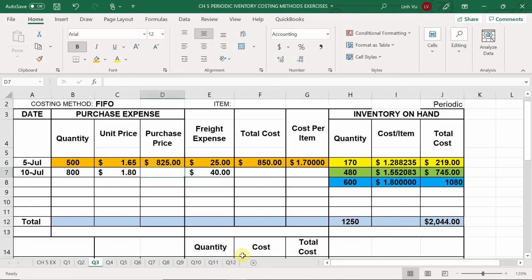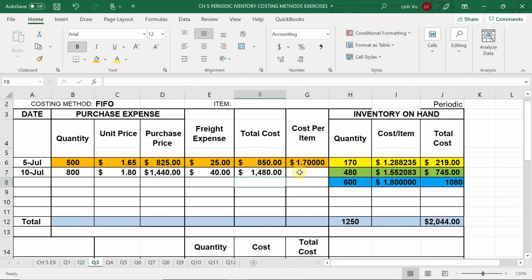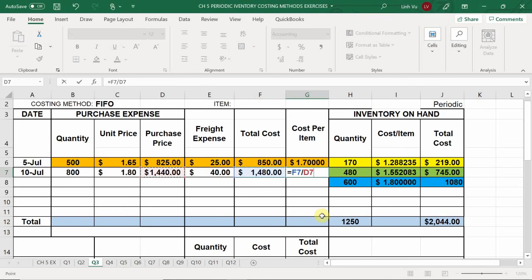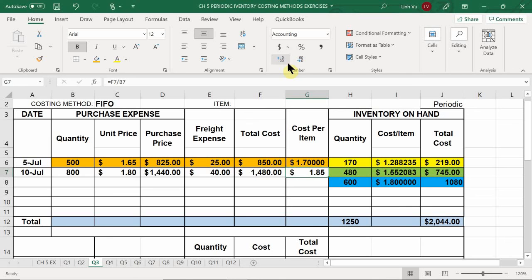So what's my purchase price here? 1,044, I think. Yes. Plus 40, 1,048. Okay, which brings my cost per item to be $1.85.